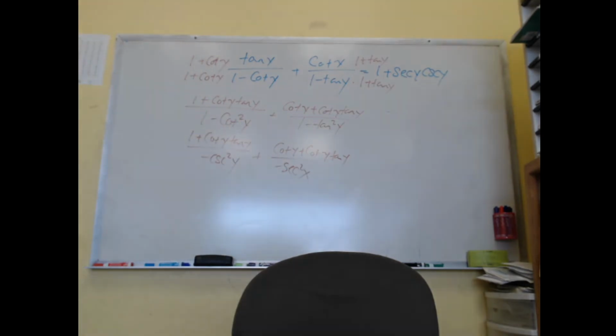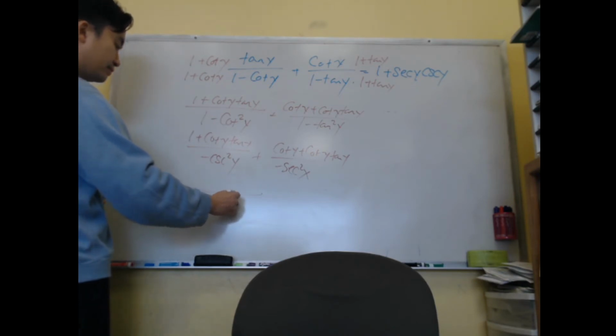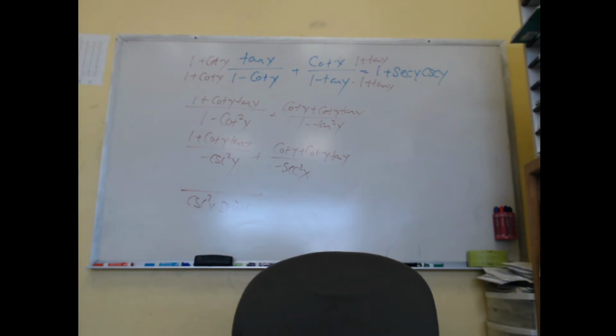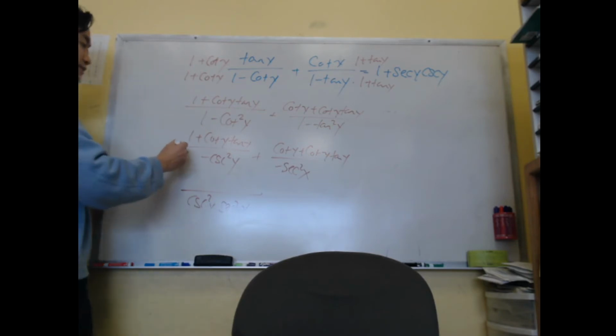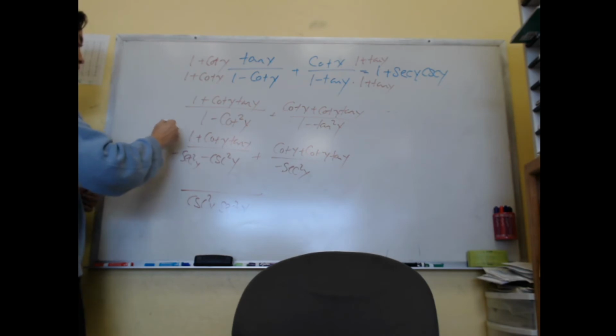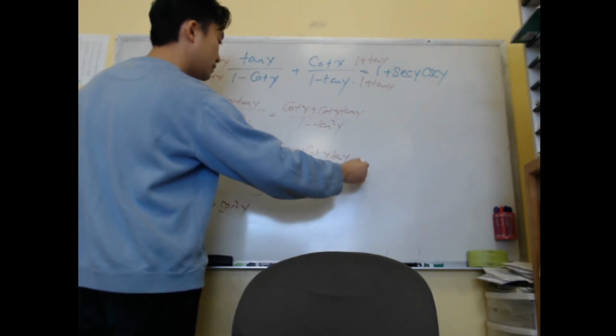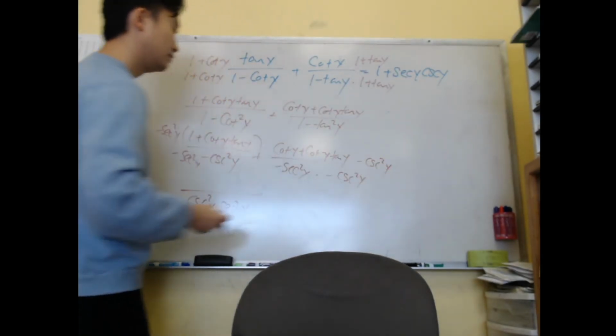So now, what else can we do? Common denominator, which is what? The product of cosecant and secant, right? So then you multiply this one by negative secant squared of y, top and bottom. Over here, you multiply by negative cosecant squared of y, top and bottom. But does that help?